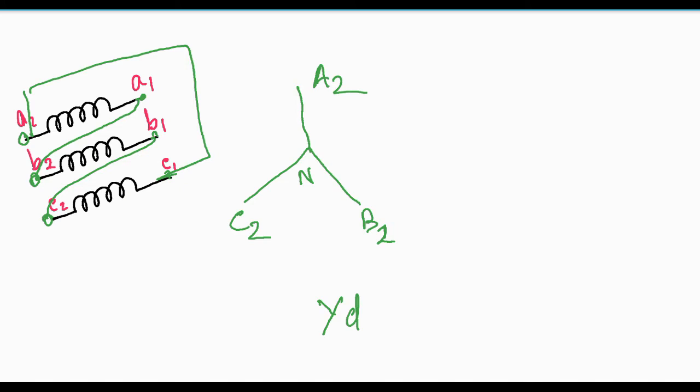So what do we have to do? First we have to draw this one. Here the terminal is small A2, and as this is A2, this will be A1, and A1 is connected to B2. So I will replace it by B2. And what is B? B is like this.